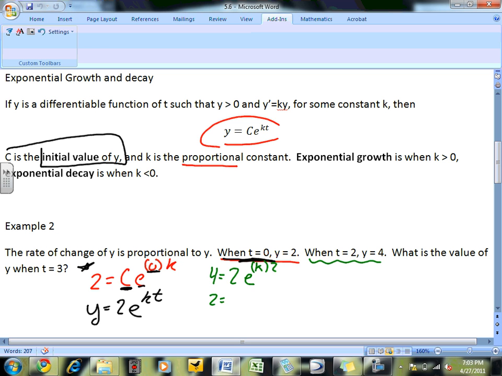We get 2 equals e to the k times 2. We know that the natural log function and the exponential function are inverses of each other, so we can take the natural log of both sides and get rid of that e. So I have the natural log of 2 equals 2 times k. And to solve for k, we're just going to divide by 2.